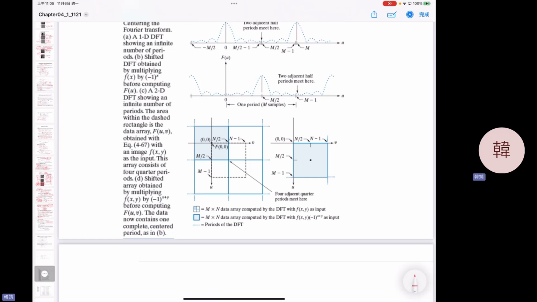This one is an example of the padding 0. Okay, so you can see this is an original simple image here, right? Original image. This is the result of blurring with a Gaussian low pass filter without padding.